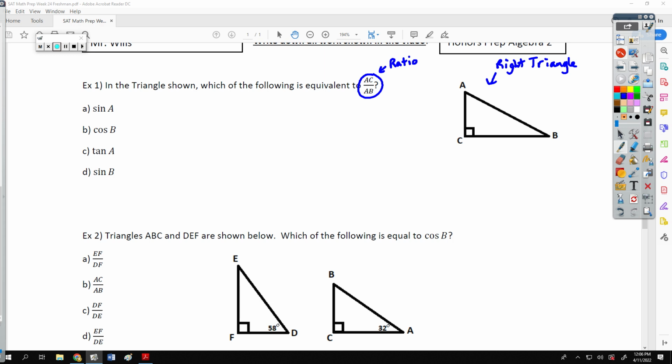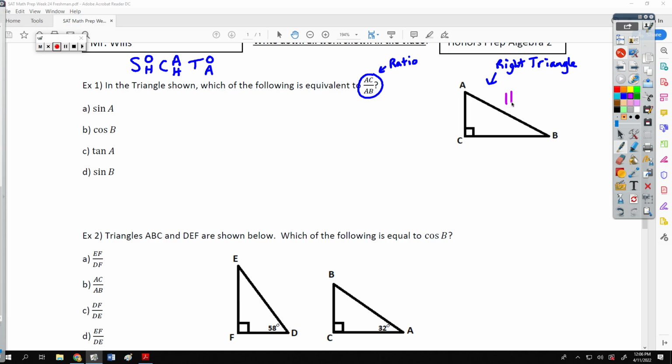Okay, so we need to remember that SOHCAHTOA stands for sine is opposite over hypotenuse, cosine is adjacent over hypotenuse, and tangent is opposite over adjacent.